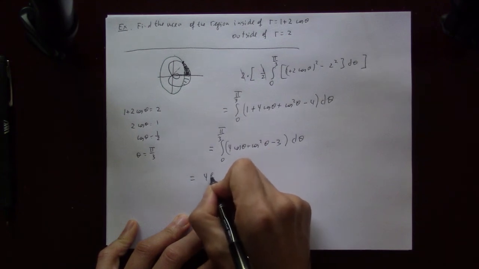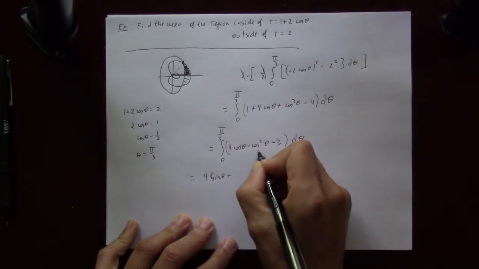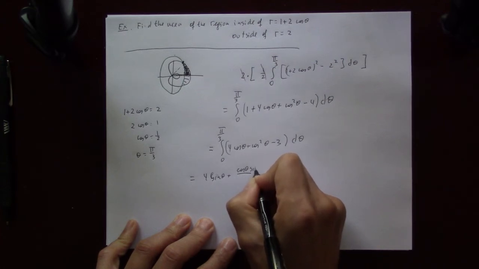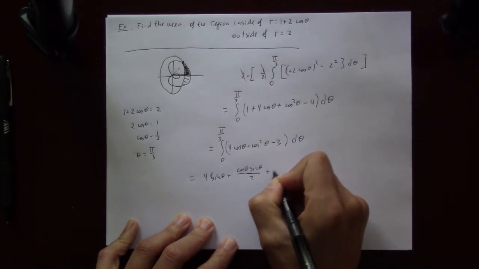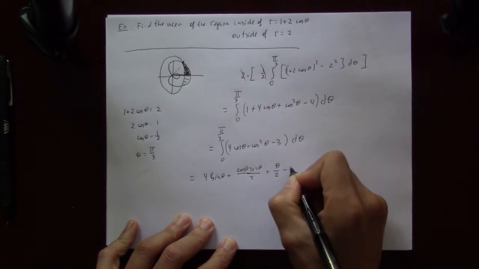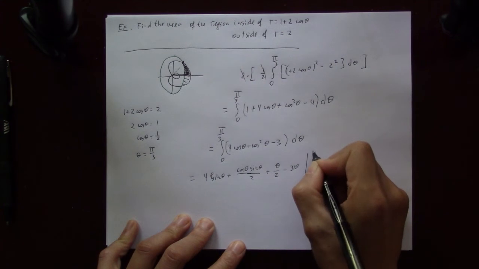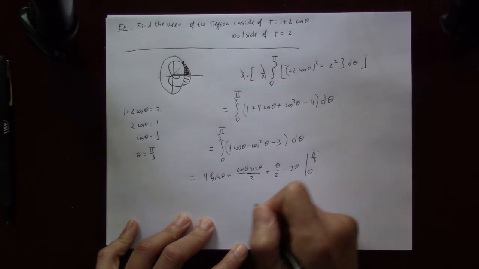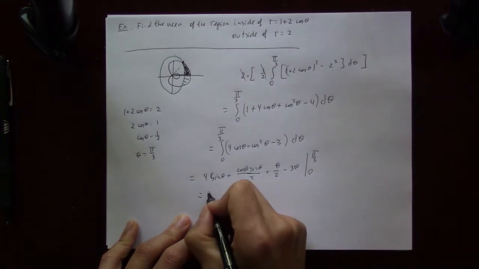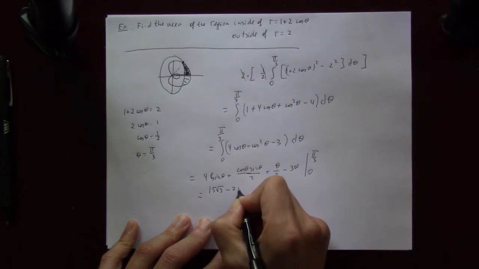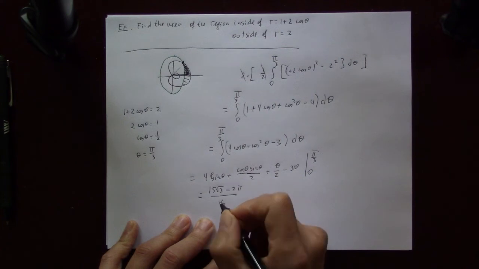Antiderivative of cosine is sine. Cosine squared, we're going to be using the cosine reduction formula. Cosine theta sine theta over 2 plus theta over 2, minus antiderivative of 3 is 3 theta, from 0 to pi over 3. We're going to substitute. We're going to get 15 root 3 minus 2 pi over 6 as our final answer for this problem.